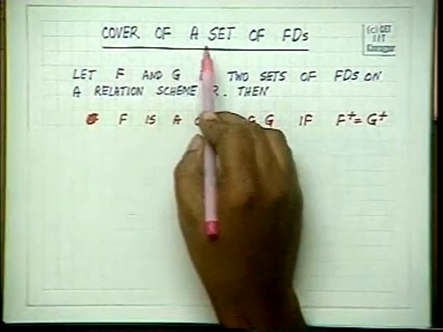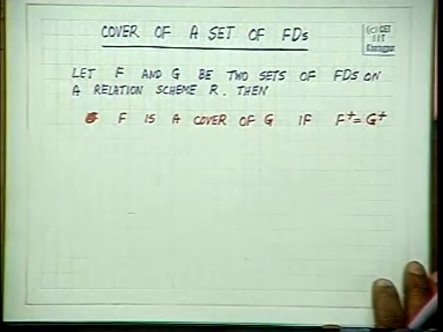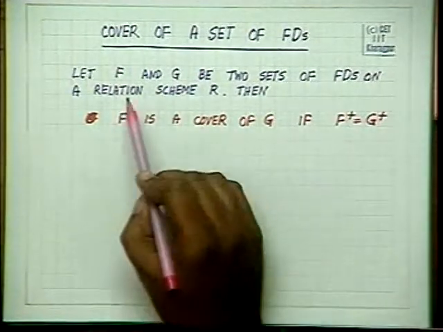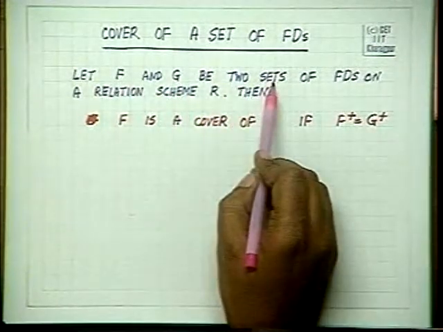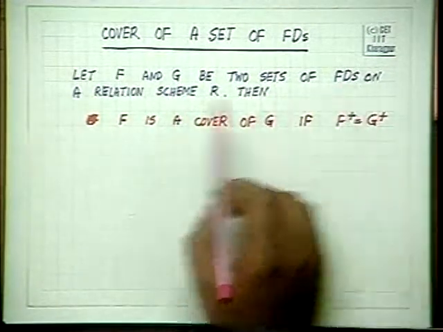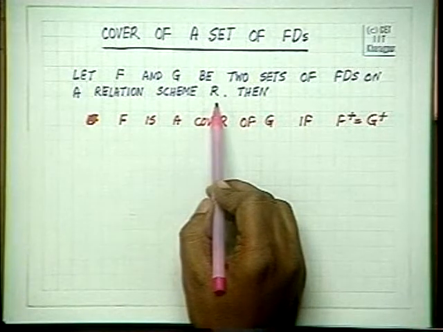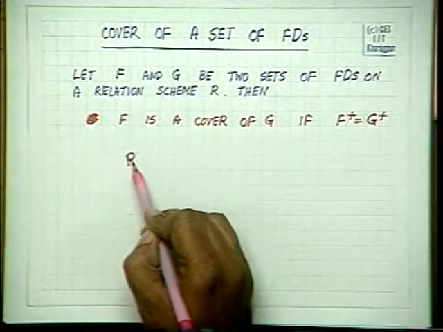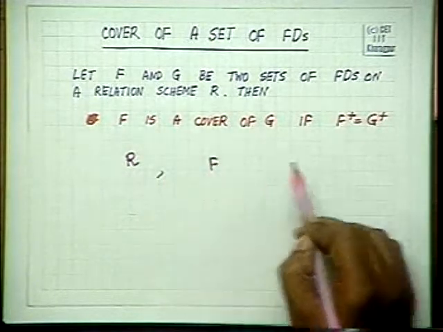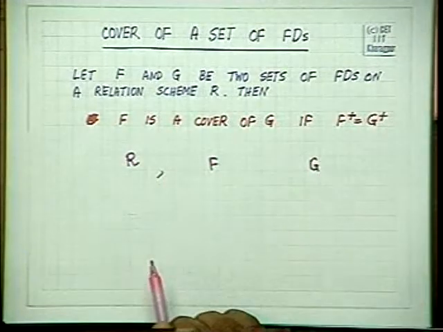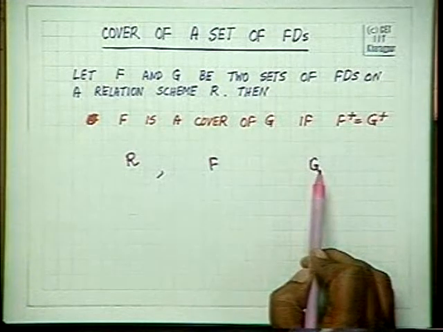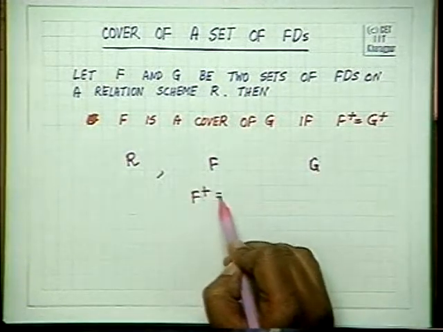Using these ideas, we come back to our original concept of irredundancy. To understand irredundancy, we have to understand what is meant by the cover of a set of functional dependencies. Let F and G be two sets of functional dependencies on a relation scheme R. That is, we have got R and two sets of functional dependencies, F and G. We say F is a cover of G if F plus is equal to G plus.